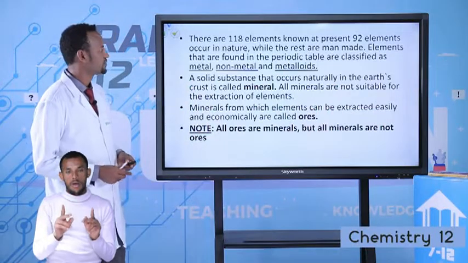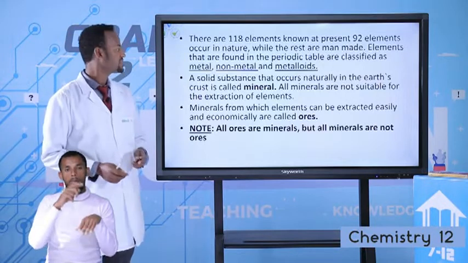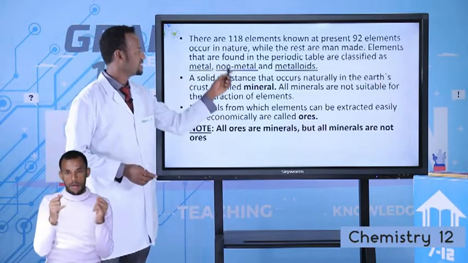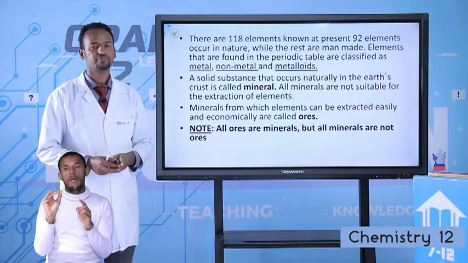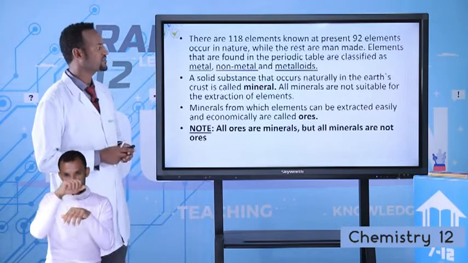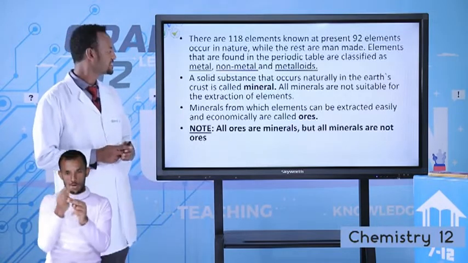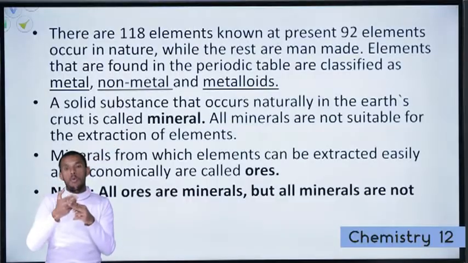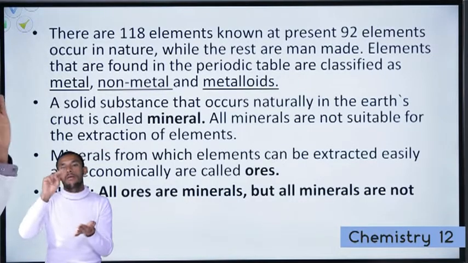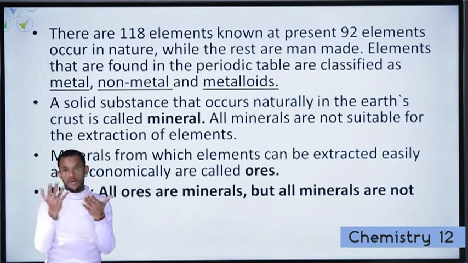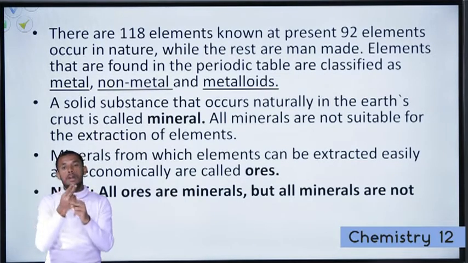Okay. Therefore, in the periodic table, elements are classified as metal, non-metal, and metalloid. A solid substance that occurs naturally in the Earth's crust is called a mineral. A solid substance that occurs in nature is known as what? It is a mineral.